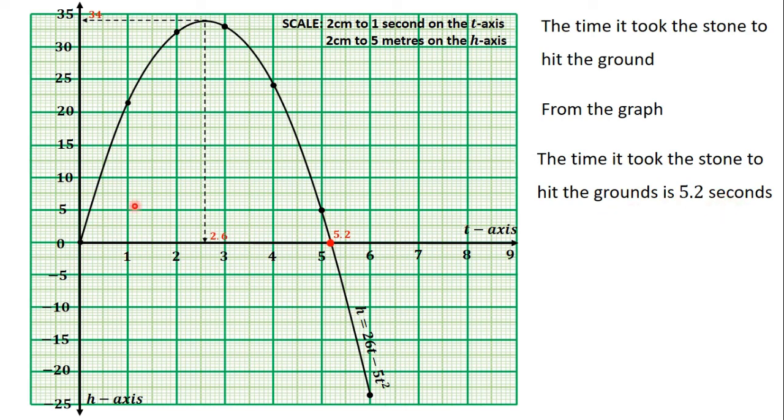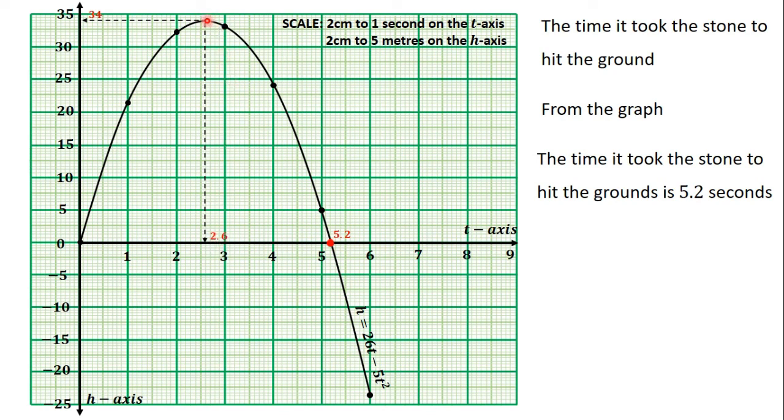So this graph helps us to analyze the movement of the projected stone clearly. It started at this point on the ground, which is the origin, 0, 0. It traveled through the air and reached this point, which is the maximum height. We have seen that the maximum height is 34 meters, and the time it took the stone to reach that maximum height is 2.6 seconds.